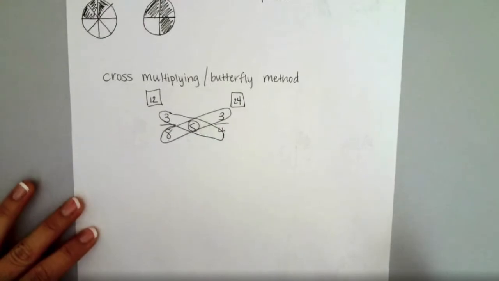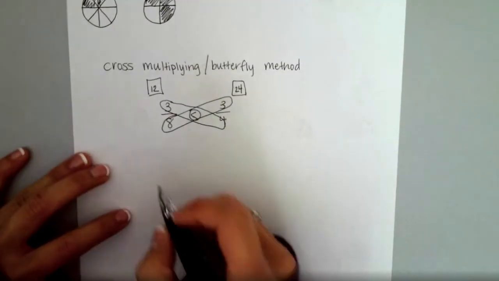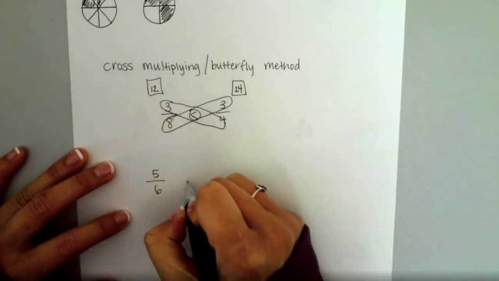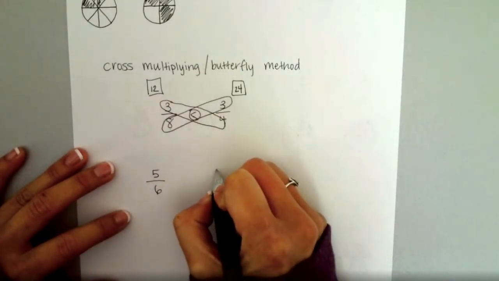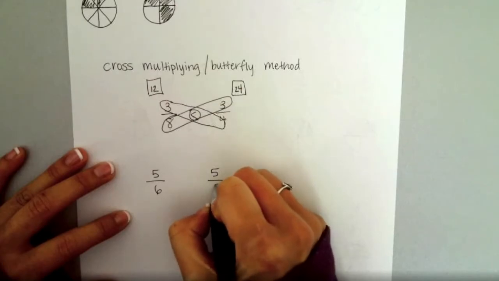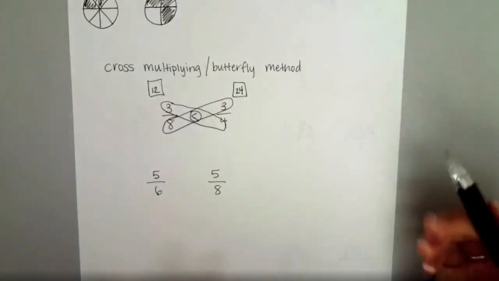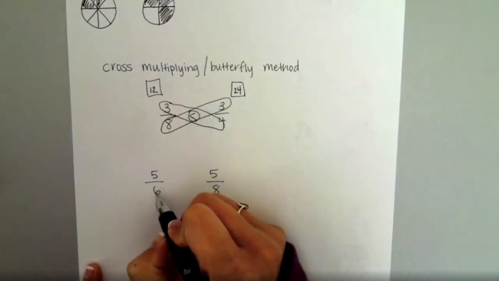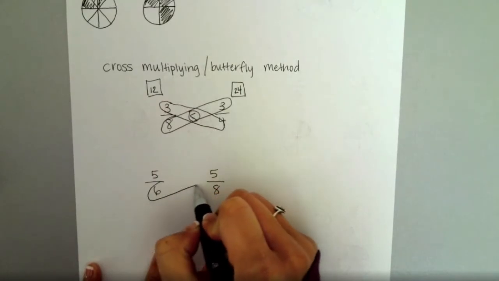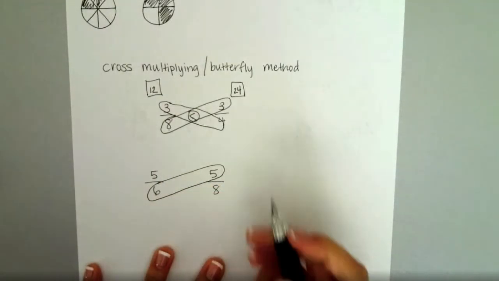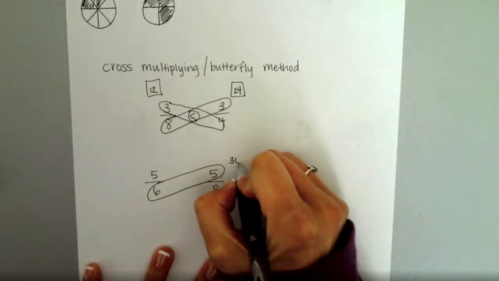So let's do another example. Let's say we have the fraction 5/6 and 5/8, okay? And I'm going to show you the cross-multiplying butterfly method. So we're going to take 6 times 5, and I know that 6 times 5 is going to give me 30.